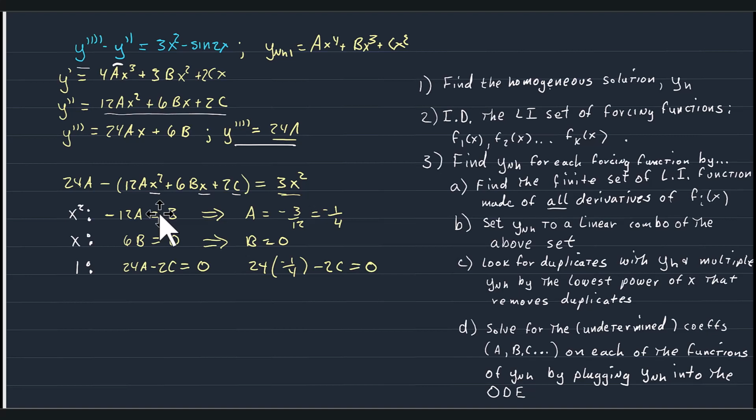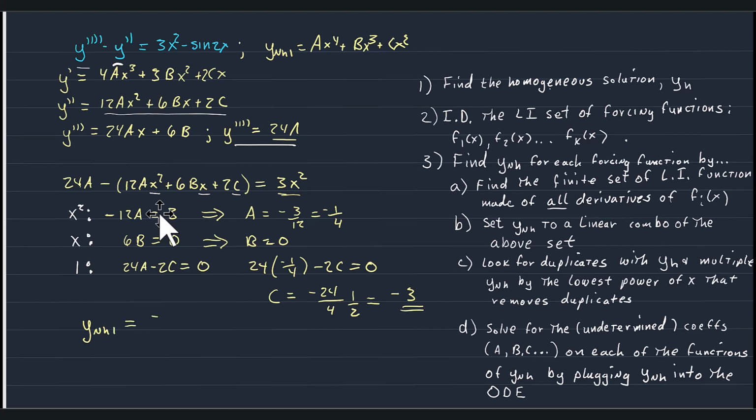And so this tells us that c is equal to minus 24 over 4 divided by 2, and that's equal to minus 3. C is equal to minus 3. And so now we have our solution. We have our first non-homogeneous solution.